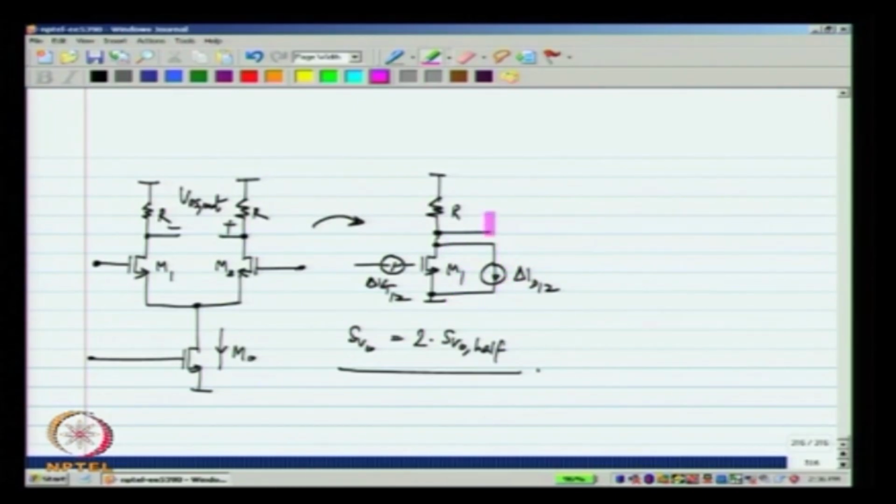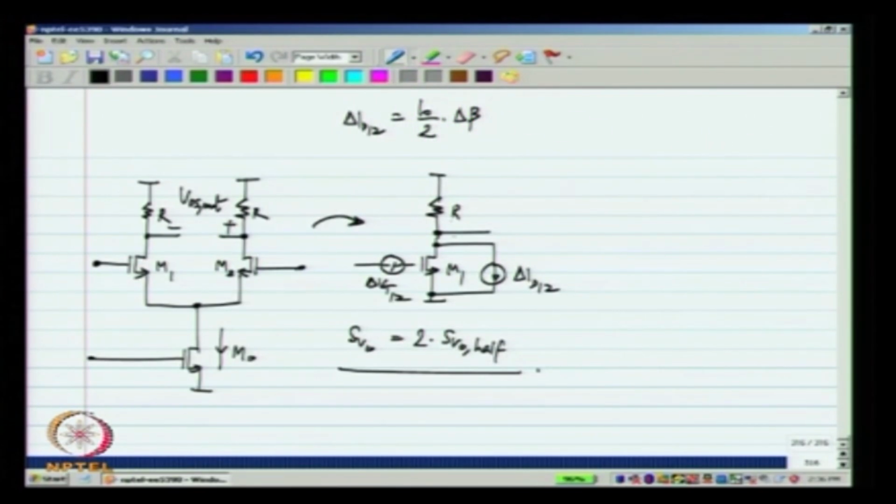Delta ID12 is the absolute mismatch in the absolute current, and that is equal to I0 by 2 times delta beta. Delta beta is the mismatch in current factor between these two. There is no threshold voltage mismatch. The current mismatch between the two transistors would be simply the quiescent current times the change in beta value.